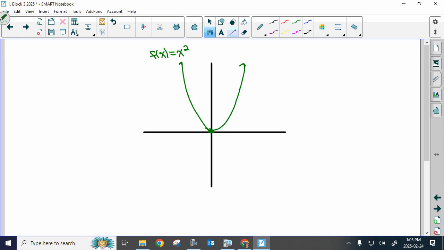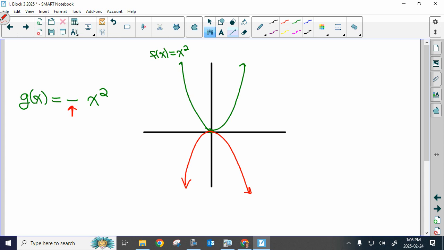So, if I gave you g of x is equal to negative x squared, what would the negative sign tell you to do to the parabola? Open it down. We have a negative leading coefficient. So this parabola gets reflected across the x-axis, and we would describe that as a reflection across the x-axis.